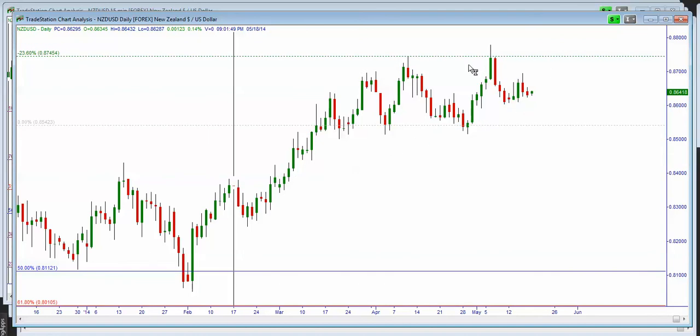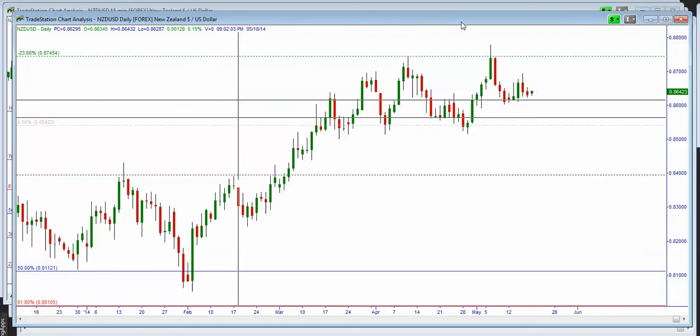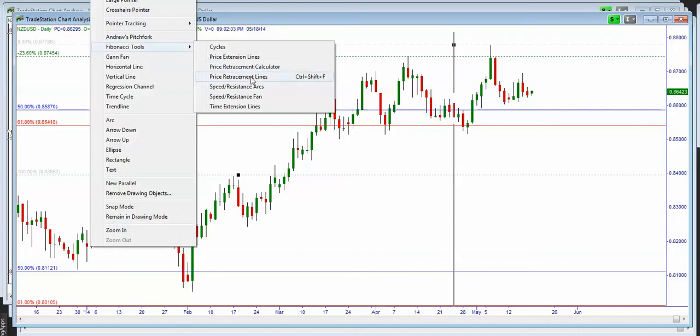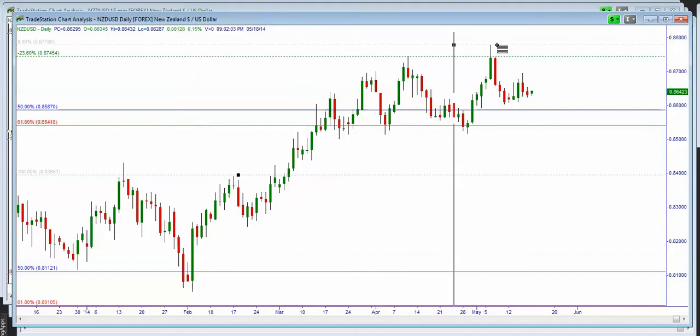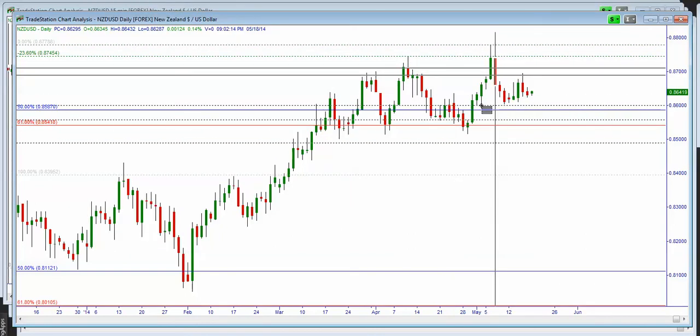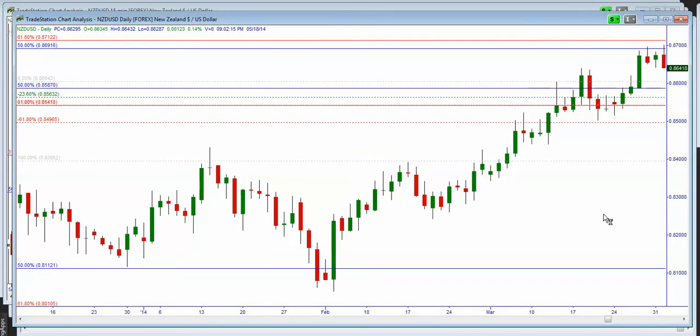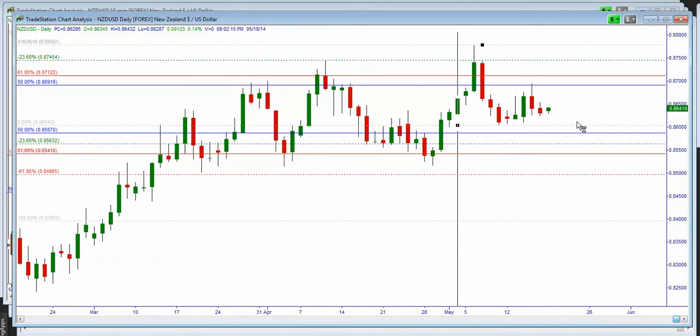Now the next measure move we have has not been tested so far, and it's here at 0.8587. At the moment I believe this market is just moving around here without conviction, and as you can see here, I called this a potential short on Thursday last week.